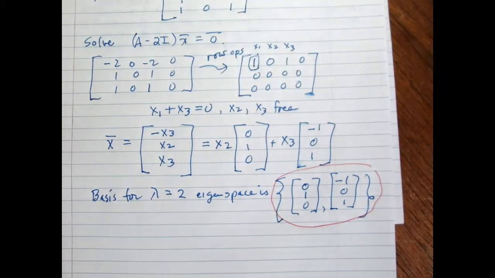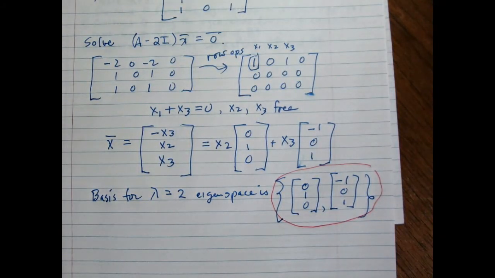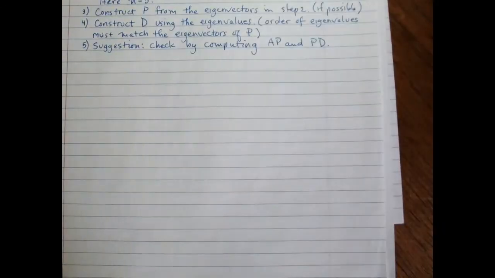Okay, so we got our basis for the lambda equals 1, basis for the lambda equals 2 eigenspace. And I've got another piece of paper here. I think I'm going to try to just sum this up.